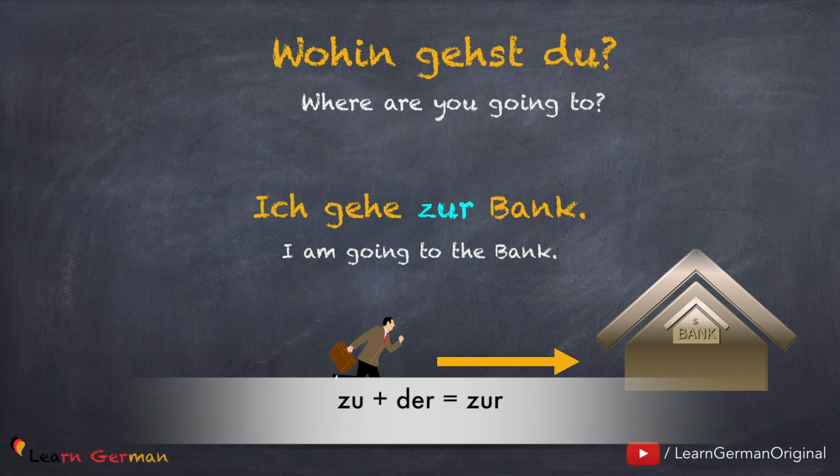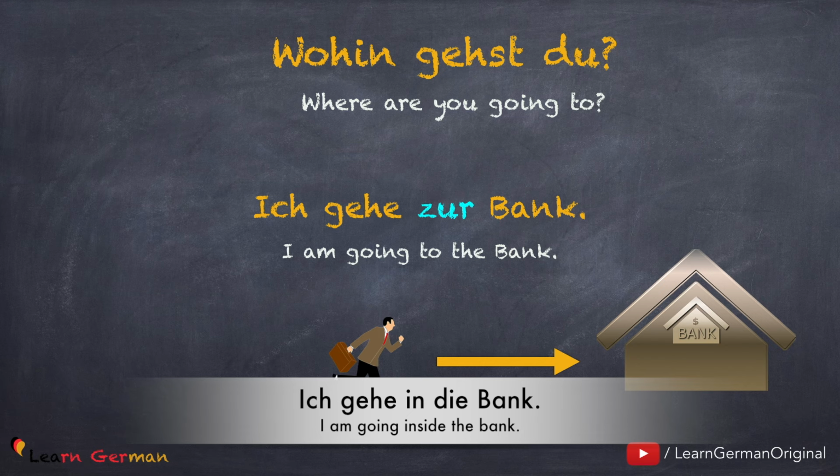The link is given below. So, zu plus der will change to zur. In this case, you can also use the preposition in and say, ich gehe in die Bank. It's not wrong, but you will mostly get a feeling and you will have to understand the context where to use the preposition zu and where to use the preposition in.